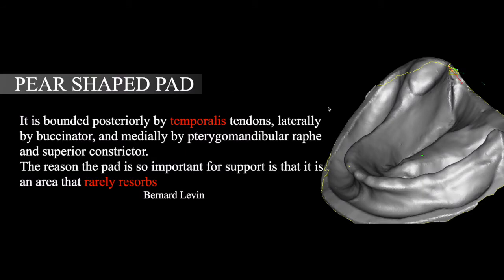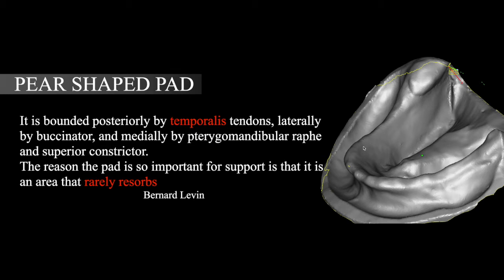This pear-shaped pad is bounded posteriorly by the temporalis tendon, laterally by the buccinator, and medially by the pterygomandibular raphe and superior constrictor. So it's all surrounded by these tendons and muscle attachments. The reason this pad is so important for support is that this is an area that rarely resorbs.